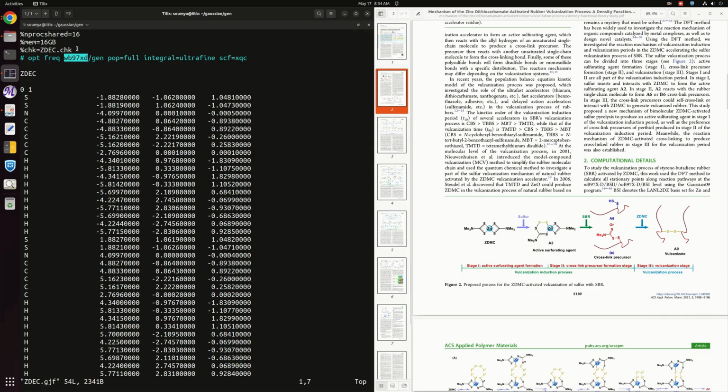And here we have written GEN. This value tells the system that it will use this mixed kind of basis set.